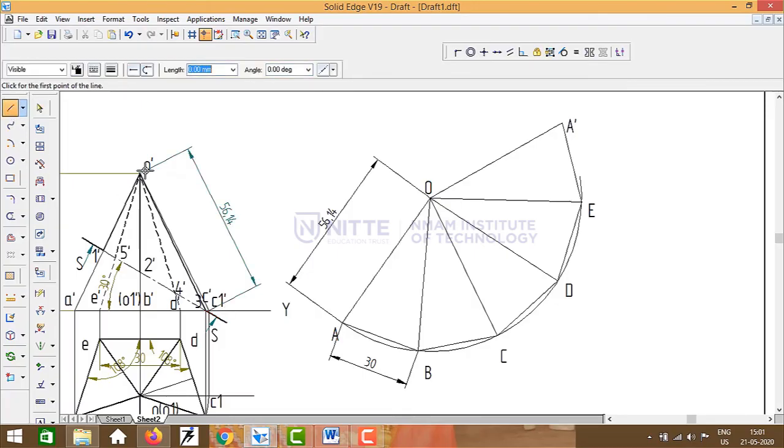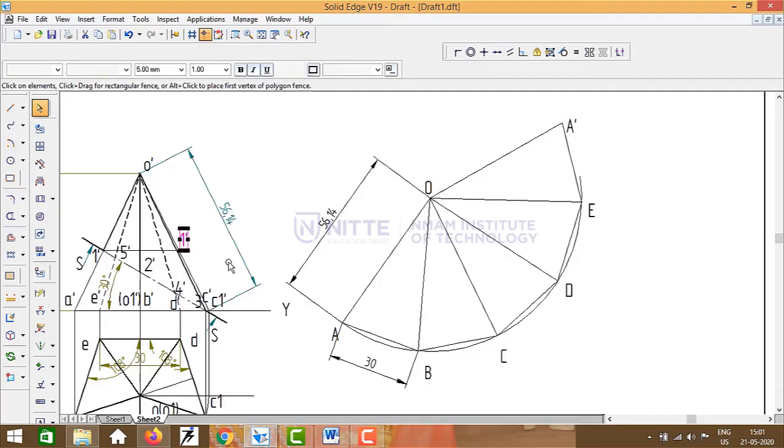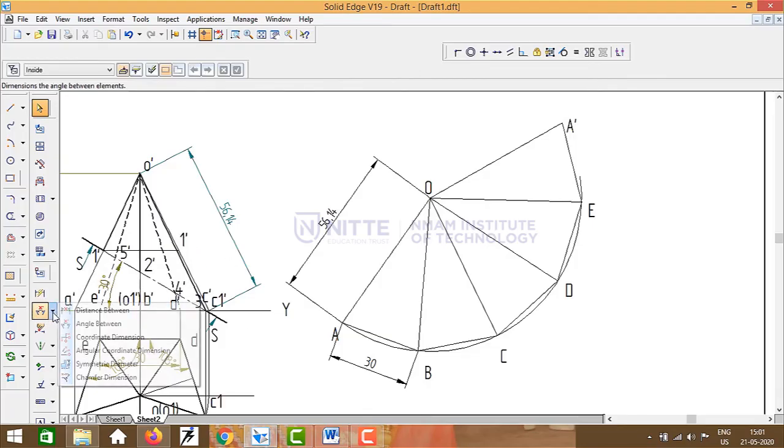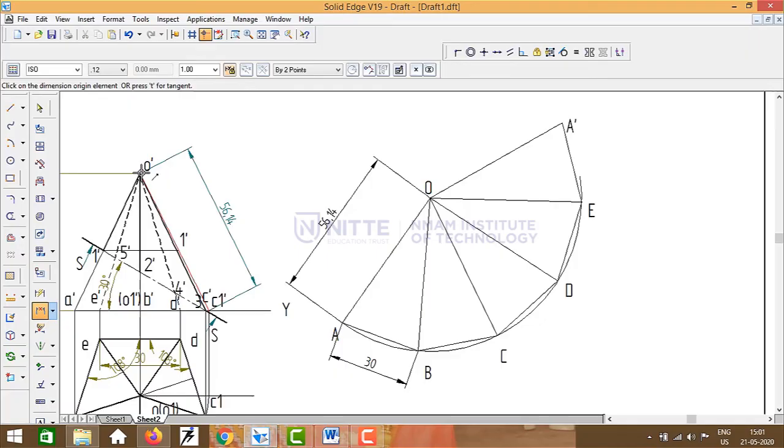So draw a horizontal line from 1 dash up to this O dash C1 dash. So this will be the next true length point between O dash and 1 dash. So measure this distance using the distance between O dash and 1 dash.